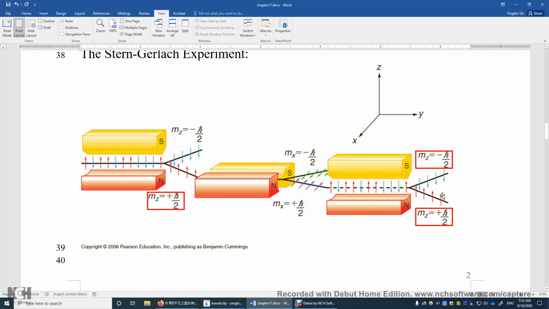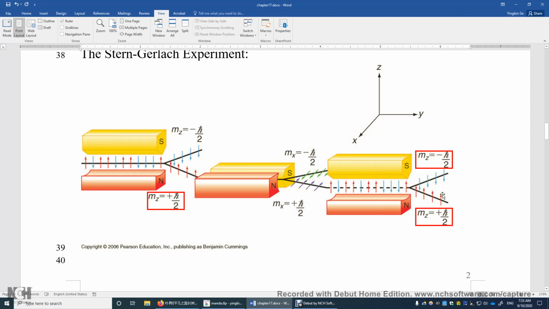Now again we have half going up, half going down. So look at here. We pre-selected the electrons moving downward, so supposedly all of these electrons should be moving downward. But then if you allow these electrons to pass through this magnetic field in the z direction, again, half going up, half going down.